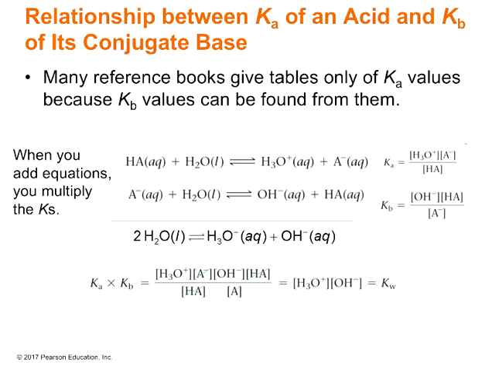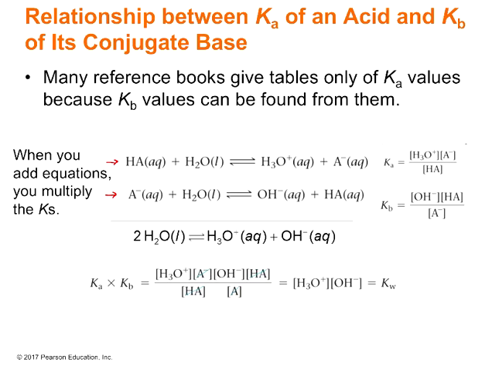So let's talk about why that is. So let's say we have our acid and water reaction, and then our base and water reaction. So again, when an acid reacts with water, we end up with hydronium ions and the conjugate base. And when a base reacts with water, we end up with the hydroxide ion and the conjugate acid.